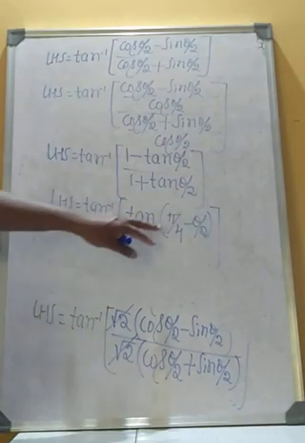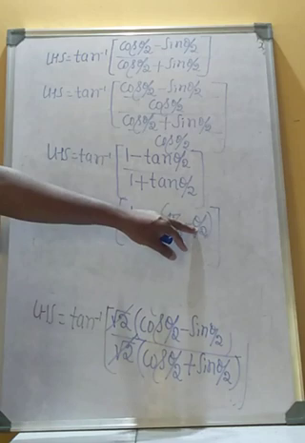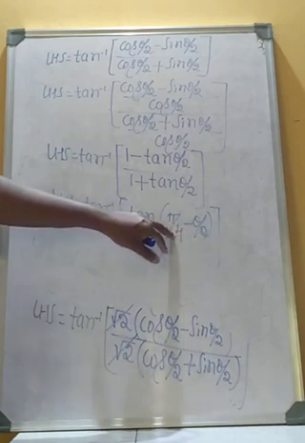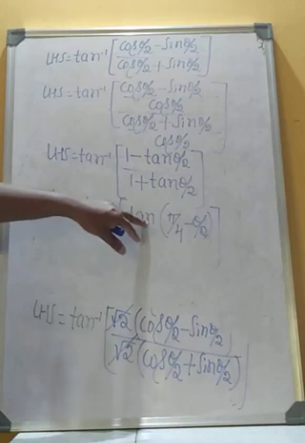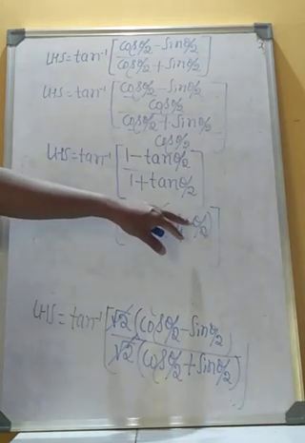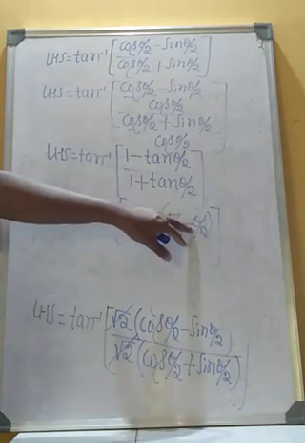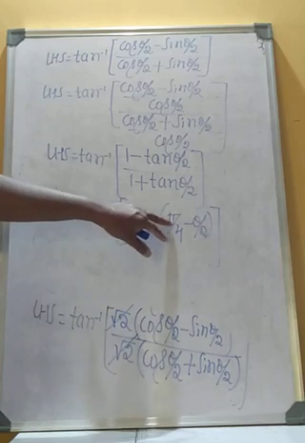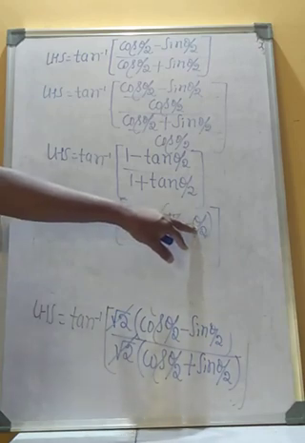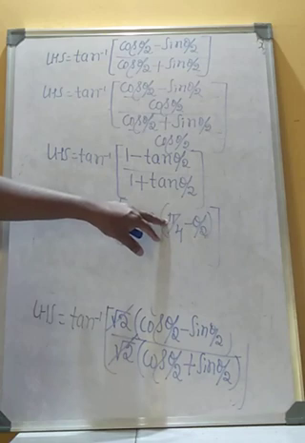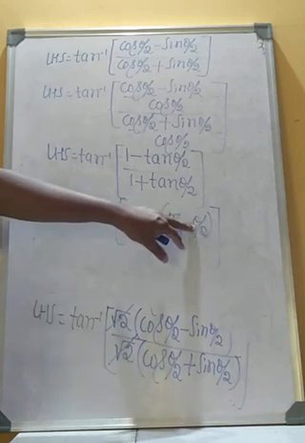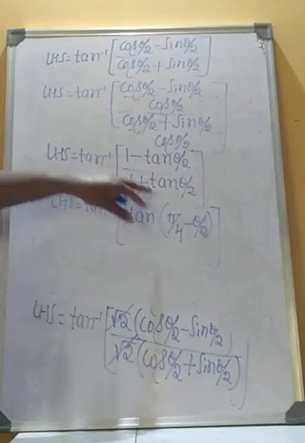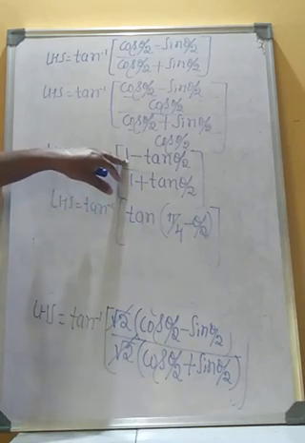Tan of (a minus b) is (tan a minus tan b) dividing by (1 plus tan a into tan b). Here, tan of (pi by 4 minus theta by 2) is (tan pi by 4 minus tan theta by 2) dividing by (1 plus tan pi by 4 into tan theta by 2). Tan pi by 4, you know the value, is 1.